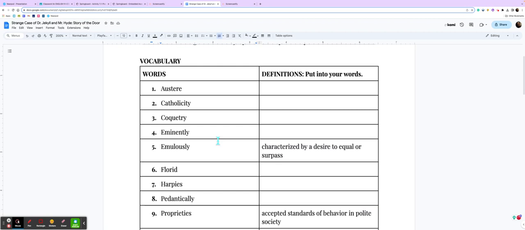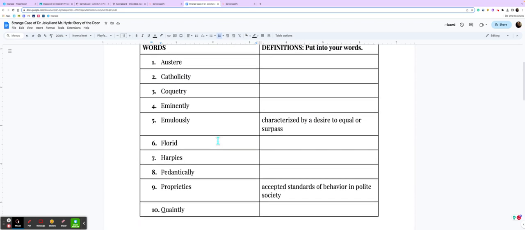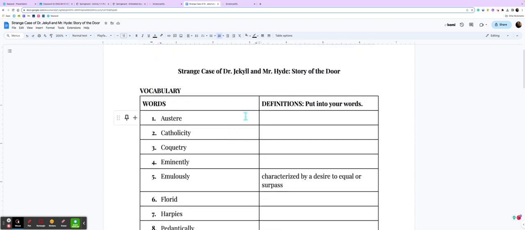This deals with chapter 1. One of the things that you will do today is look over the terms and definitions and the objectives for The Strange Case of Dr. Jekyll and Mr. Hyde. And then you will do the vocabulary for chapter 1, which is Story of the Door.